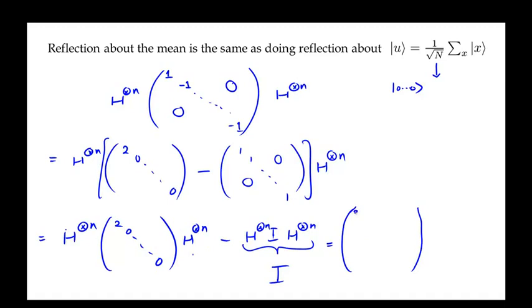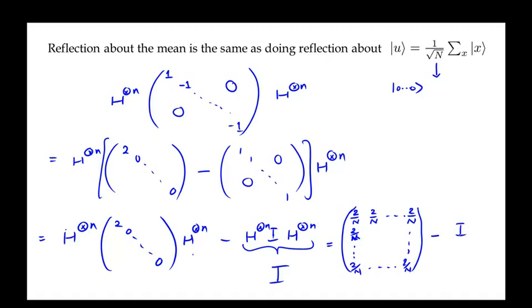So you'll get a matrix which is 2 over n, where every entry is 2 over n, minus the identity.